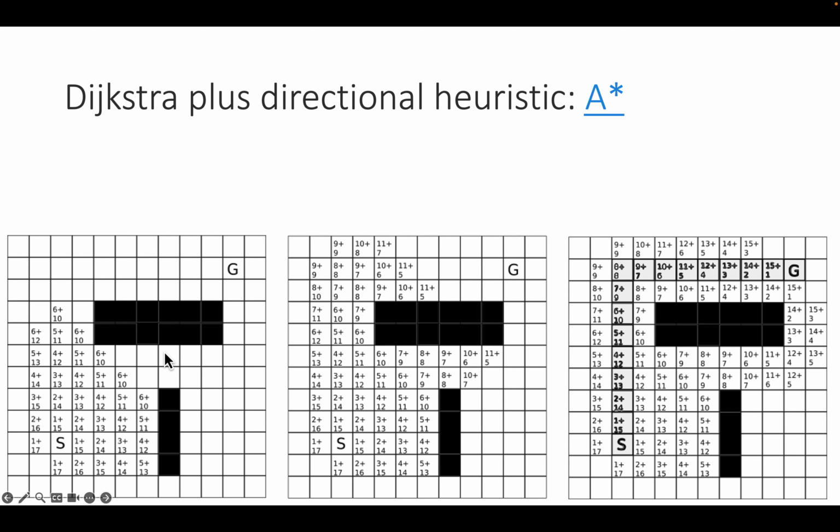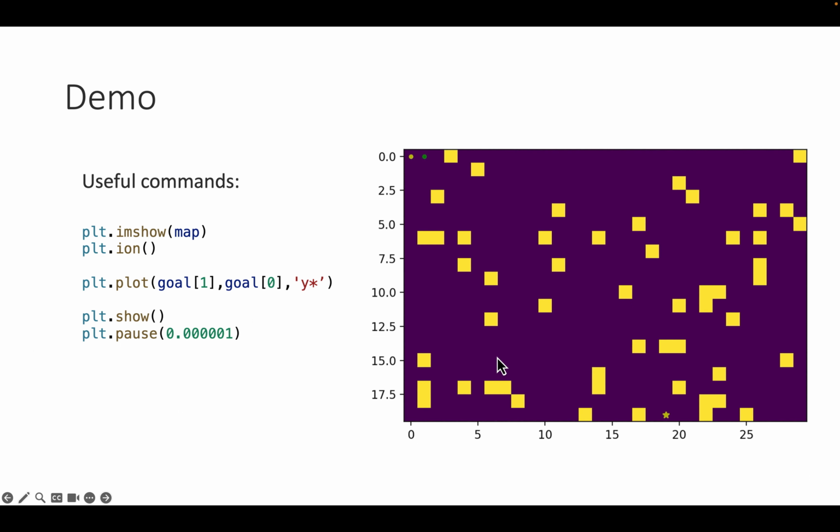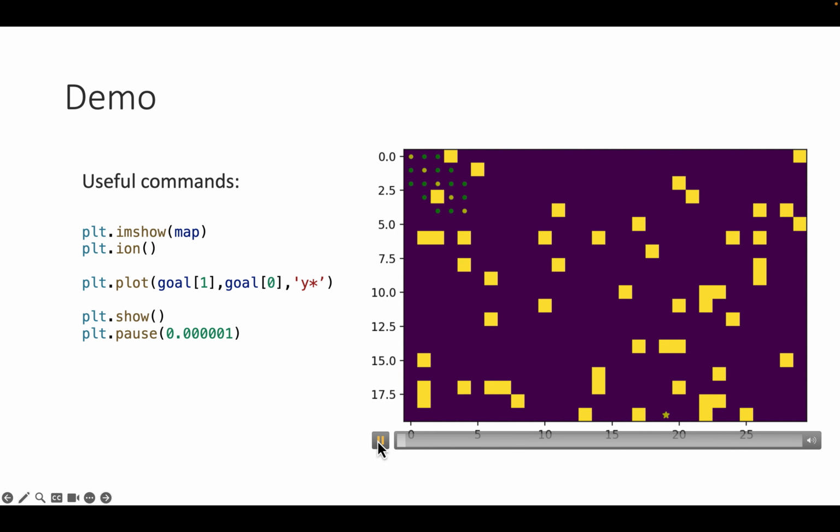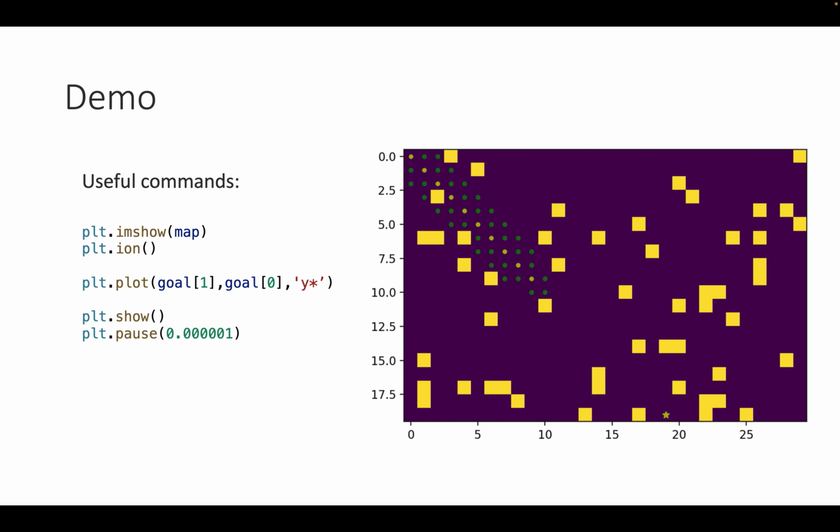As soon as you hit the obstacle, the other nodes become equally attractive, and the algorithm decides to go this way and finally finds a shortest path to the goal, going around the obstacle in that direction, and doesn't have to explore all of these other nodes that Dijkstra would possibly have explored. So in practice, A star is the algorithm you will use to plan the shortest path across graphs in robotics.